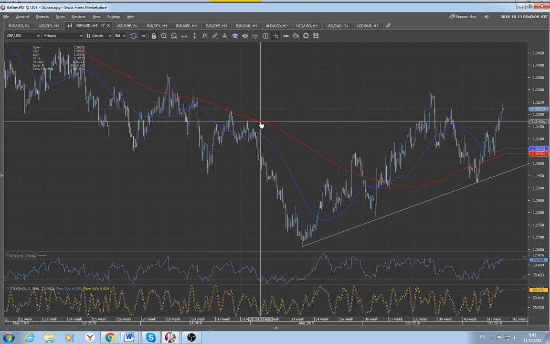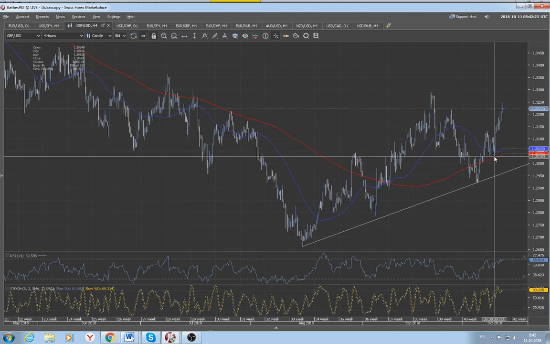Anyway, at the moment we prefer to stand aside, not to rush into fresh long positions in the currency, and be ready to buy the pair on a possible undershooting of the level of 130.50.